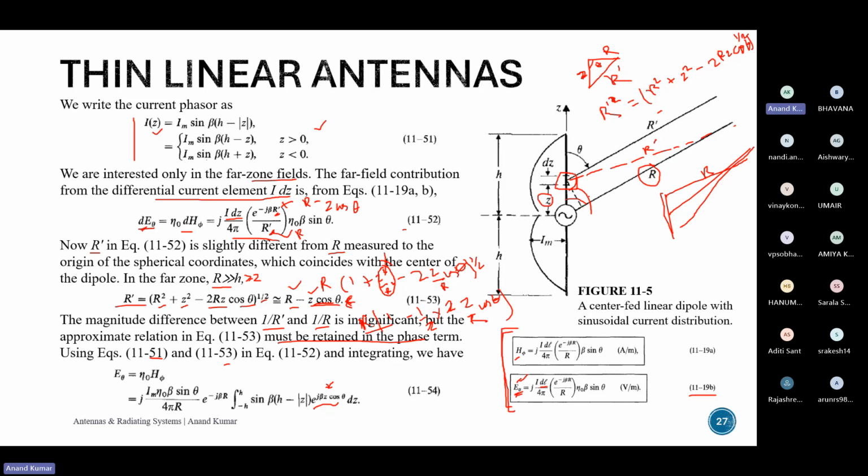A simpler way could have also been this: this r dash and this r are kind of equal, and this is the theta angle.